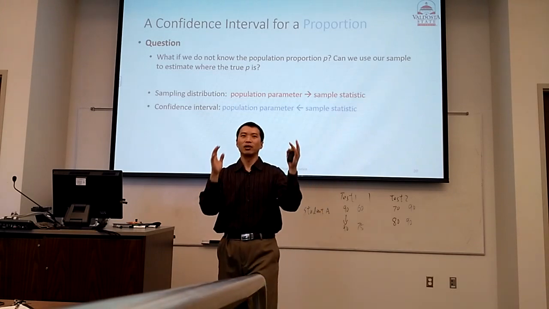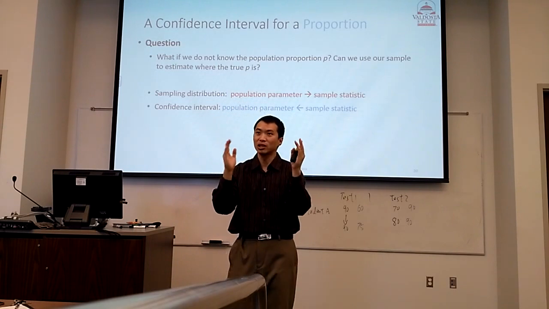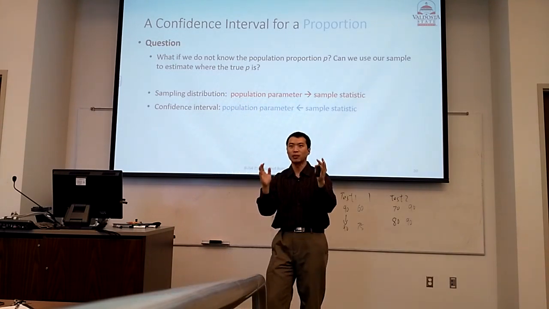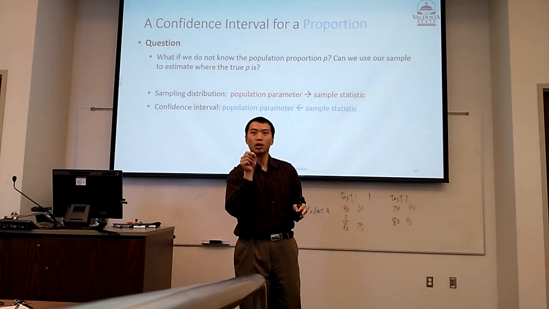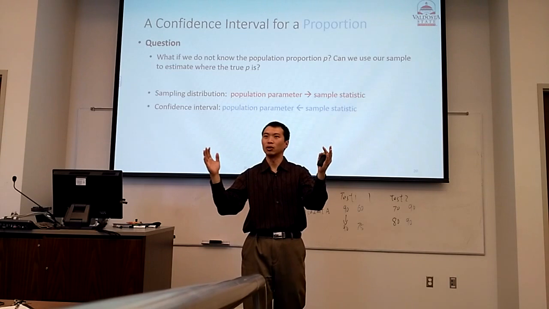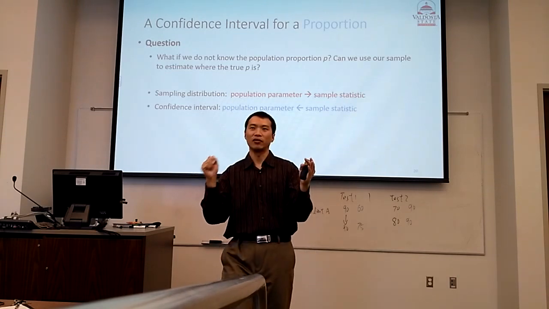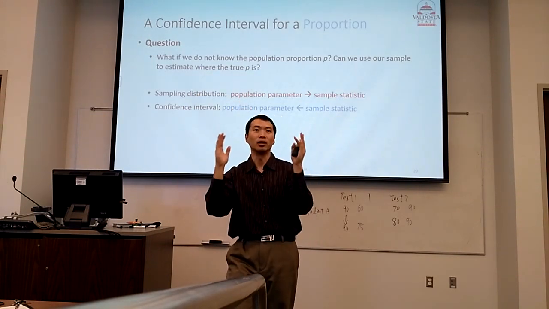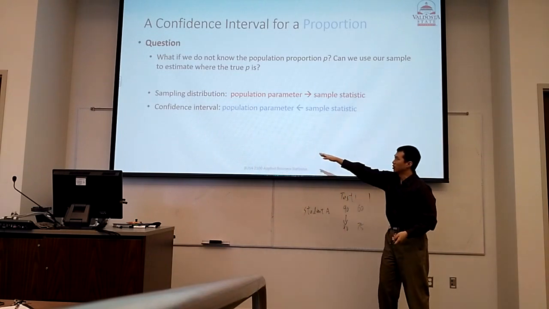We have a certain level of confidence that this constructed interval contains the true population parameter. That's the best we can do. We cannot pinpoint the true population parameter, but we can say, with a certain level of confidence, that it is somewhere in this interval. That's the concept of the confidence interval.